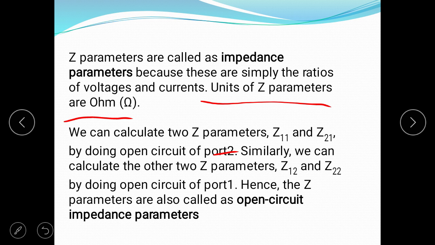Similarly, we calculate the other two Z parameters, Z12 and Z22, by open circuiting port 1. Hence the Z parameters are also called open circuit impedance parameters.